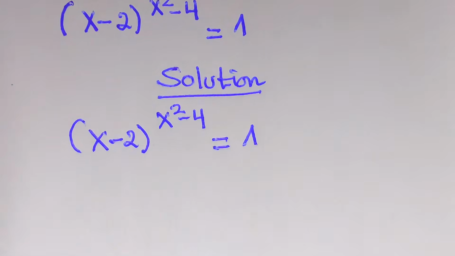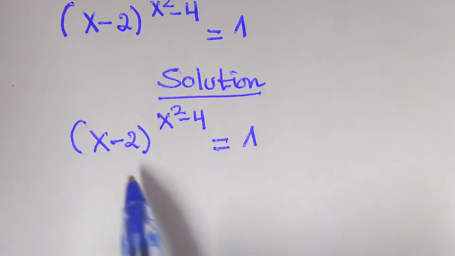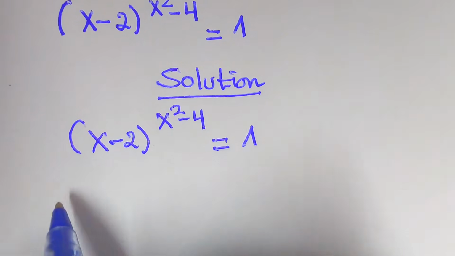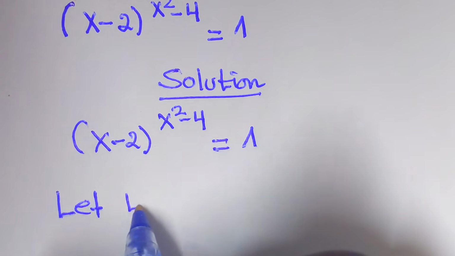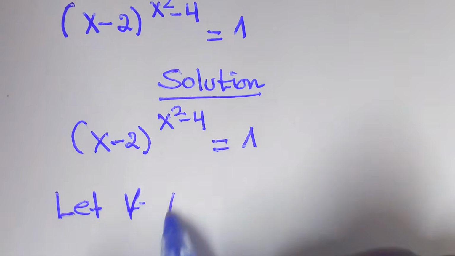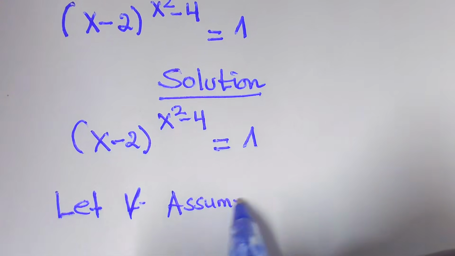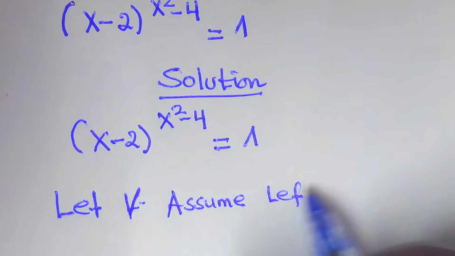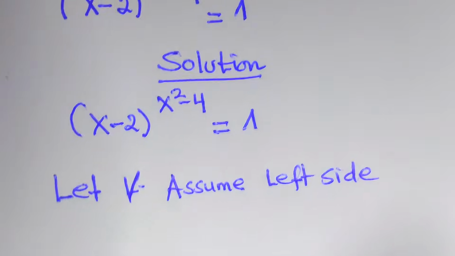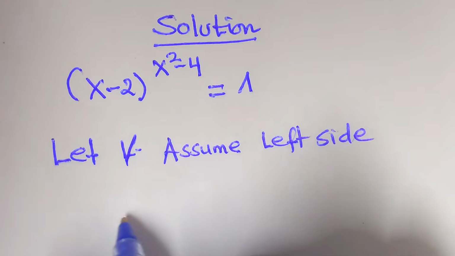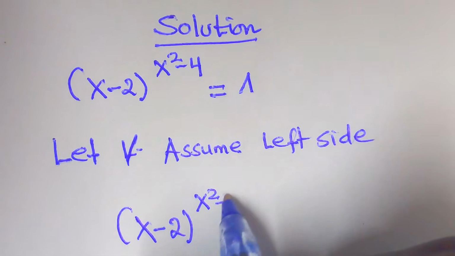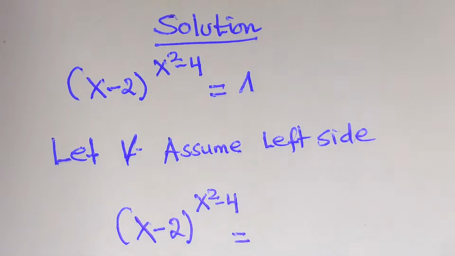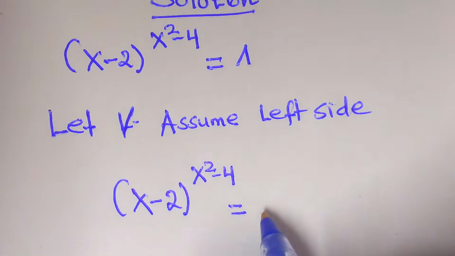Now, to get 1 on the left side, we can assume that x minus 2, power x squared minus 4, should be equal to 1.